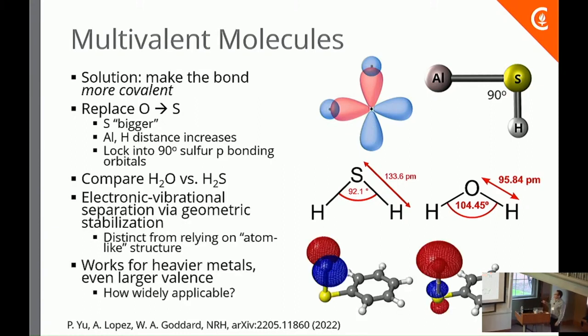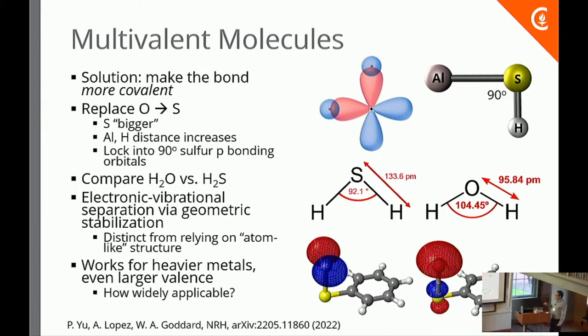And so you, in some sense, stabilize the geometry of the molecule, which is what you want for Franck-Condon factors, through this kind of geometrical reason. So it's different from relying on an atom-like structure. It's more like you're using the geometry of the entire molecule.